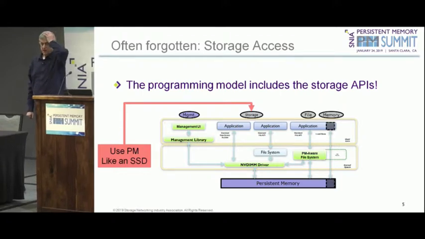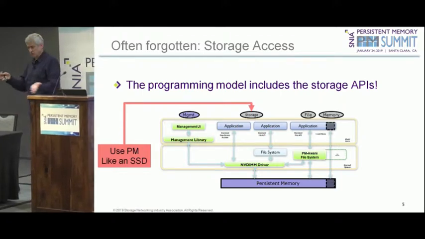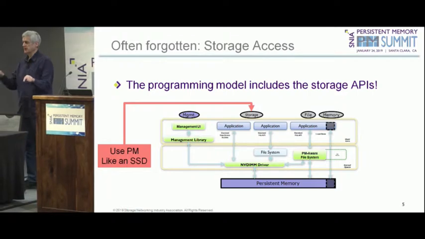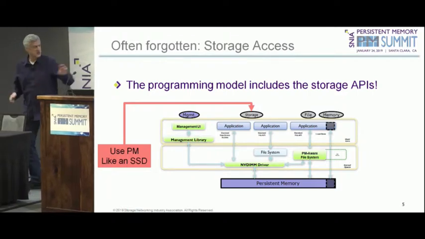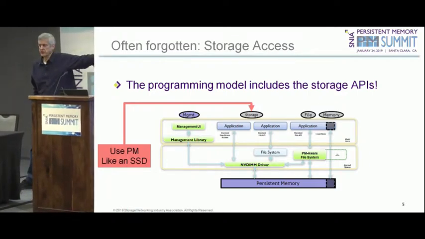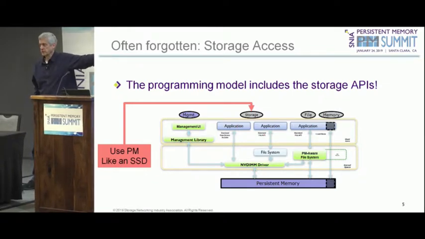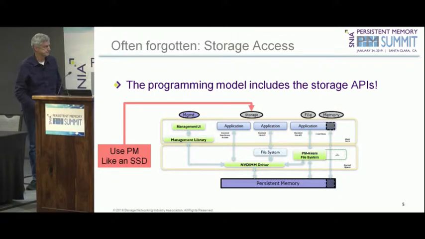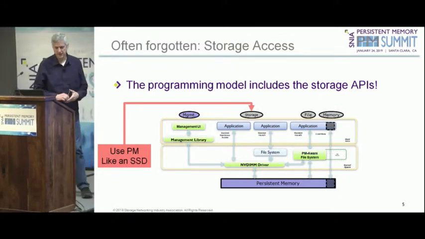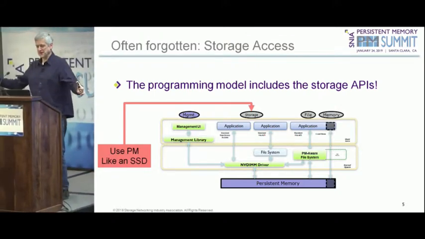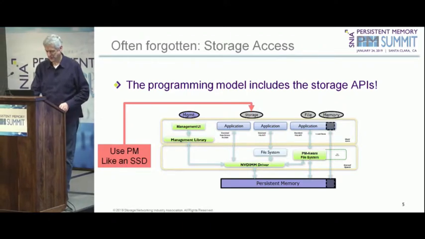And the application is literally unmodified. You just are changing the config file that you use to run it, right? You're changing the config file so where it thinks that you're giving it a NAND SSD, you're really just giving it a persistent memory SSD, a fake SSD. So you don't have to modify your app. That's what I'm here to say.